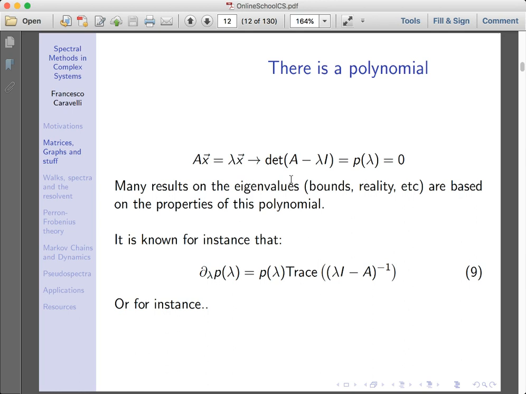These have several properties. I mention here that the derivative of the characteristic polynomial is the characteristic polynomial itself multiplied by the trace of the resolvent. Okay, we're going to discuss this later.